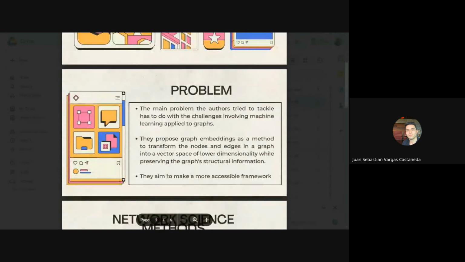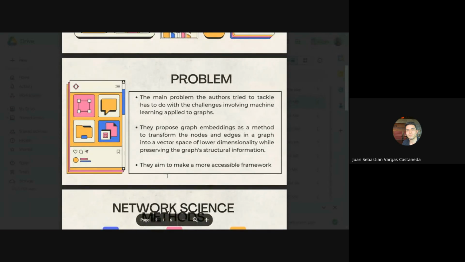Next, please. Thank you. The main problems the authors try to tackle have to do with the challenges involving applying machine learning to graphs. So they built a paper out of this topic. They propose graph embeddings as a method to transform nodes and edges into a vector space of lower dimensionality, preserving the graph structural information.